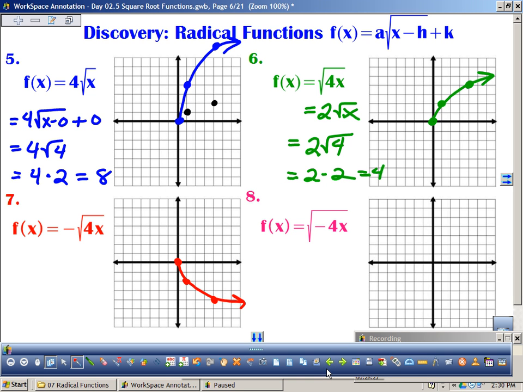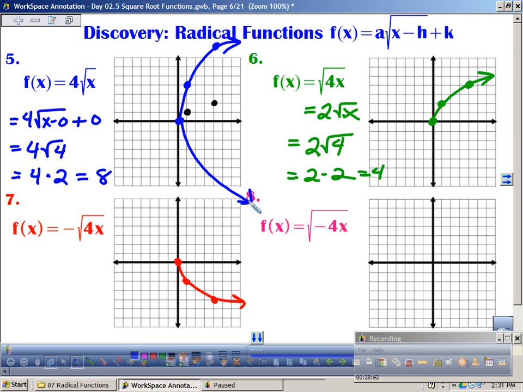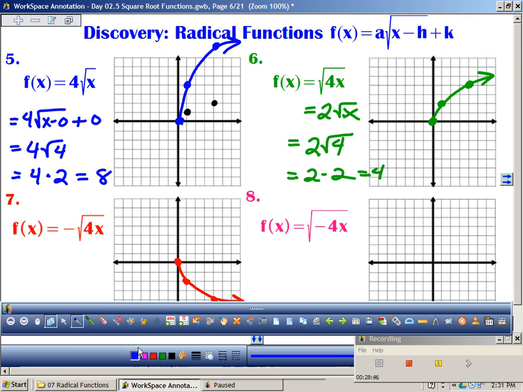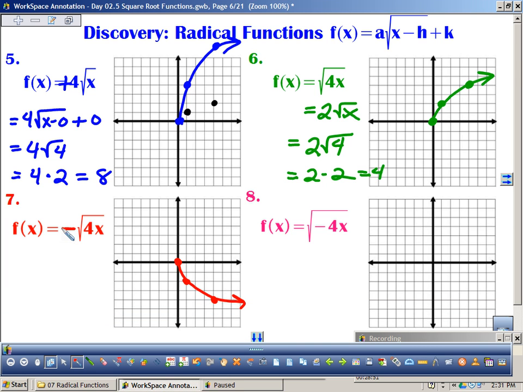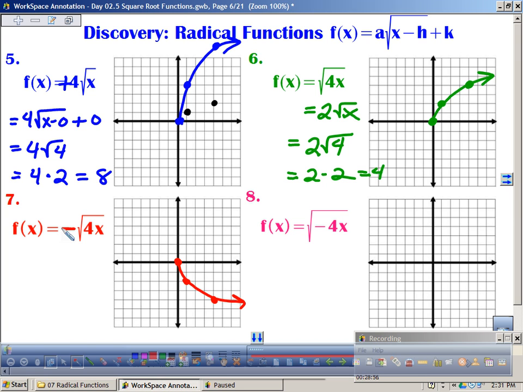Well, technically, we do have plus or minus here. Technically, it is a parabola turned on its side, but it's not a function because it wouldn't pass the vertical line test, so we only take the positive one. So this one technically is the positive version, and this one is the negative version. Does that make sense? This is the positive side of the parabola. This is the negative side of the sideways parabola.